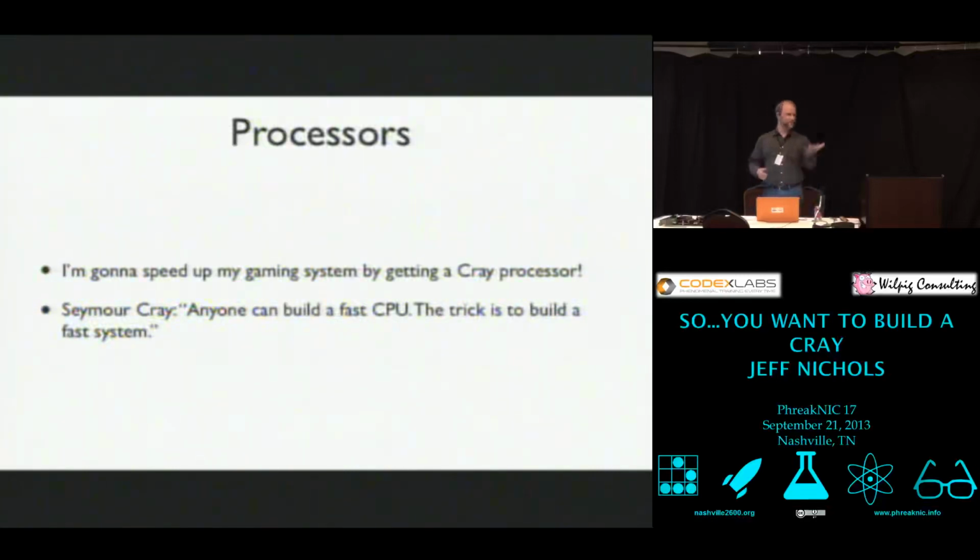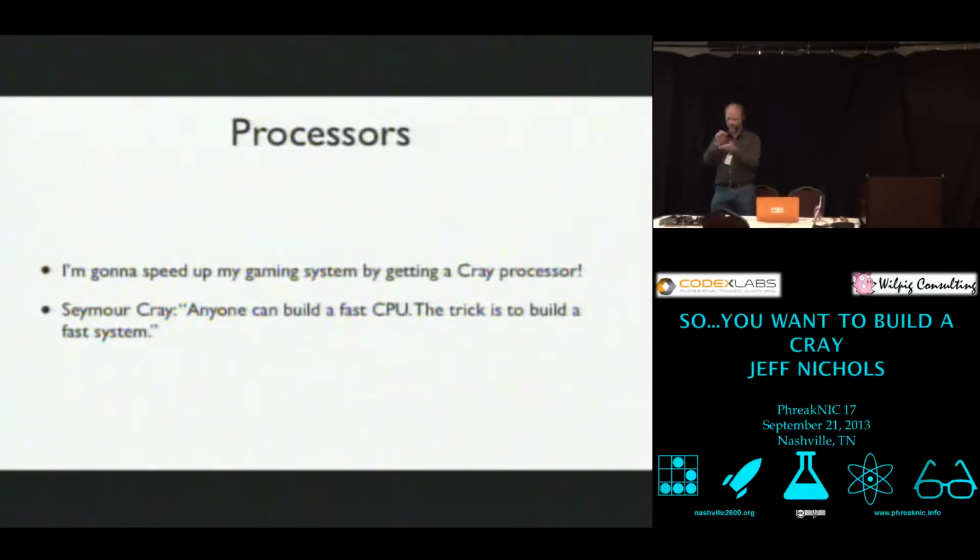And I heard you mention the CDC 6500, thanks. Before starting Cray, he worked with Control Data Corporation, and there he was designing the fastest systems in the world.